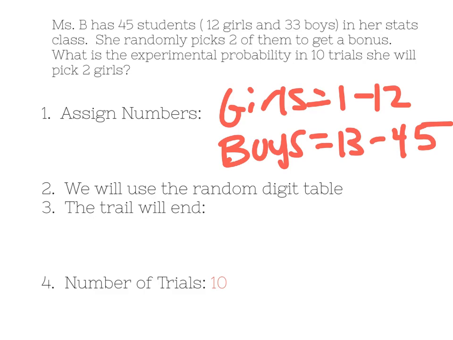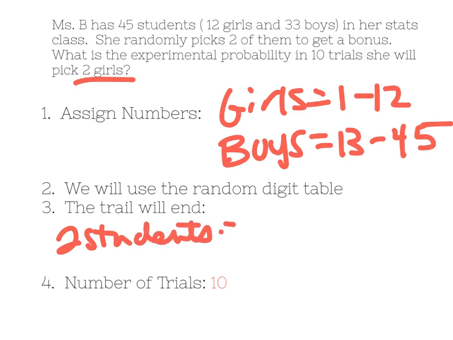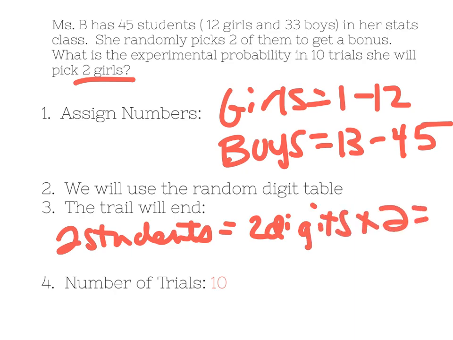Okay. And then we'll use a random digits table. Now, if we want to pick 2 girls, that means we want to look at 2 students. So 2 students is basically going to be the equivalent of 2 digits times 2, because we need 2 of them.